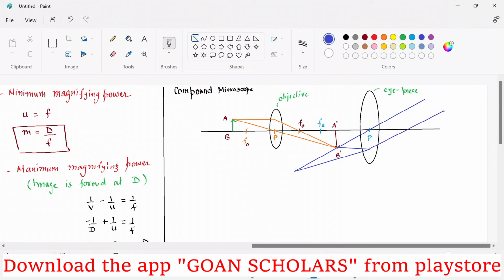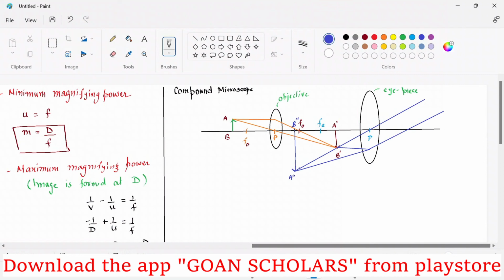At this point we will get our enlarged image, and this enlarged image is A double prime. Okay, so two times magnified, better than the previous case.